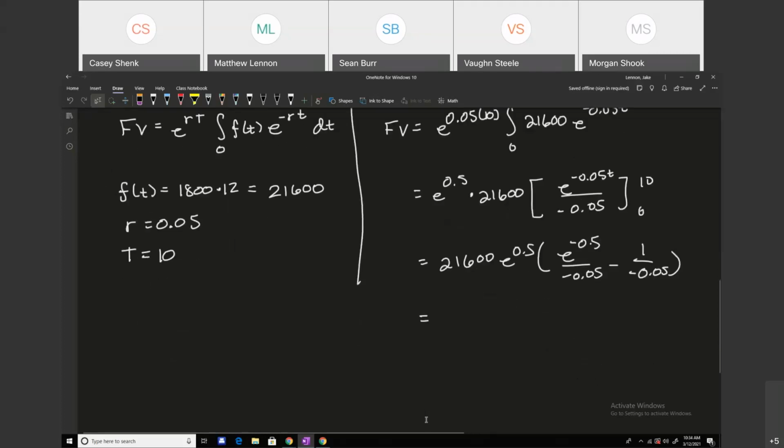And let's see what we get there. Hopefully I don't have as many difficulties with the calculator this time. So I'm getting 280,247.59. So hopefully that checks out.